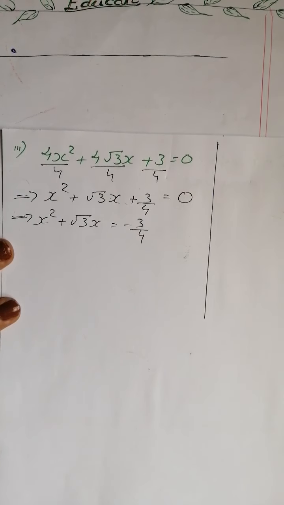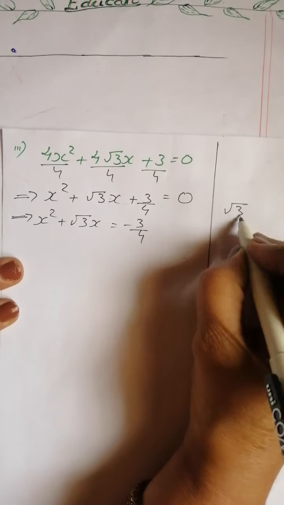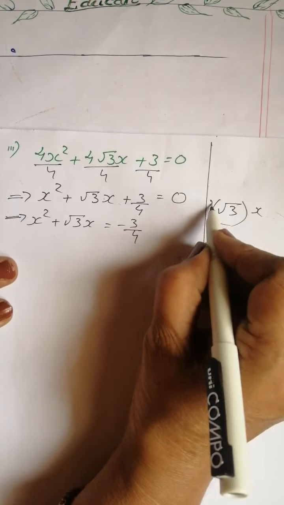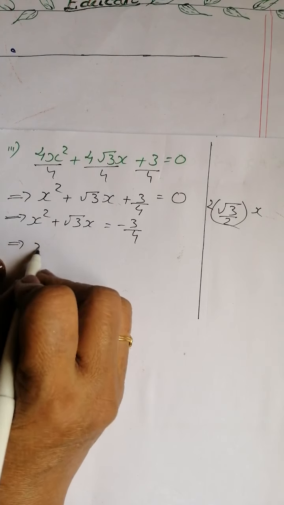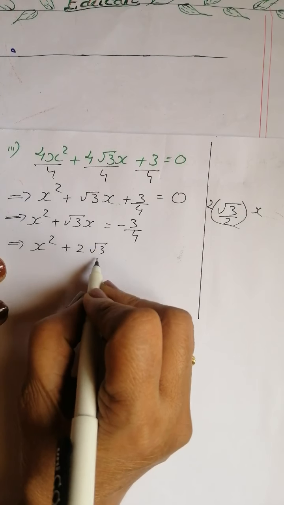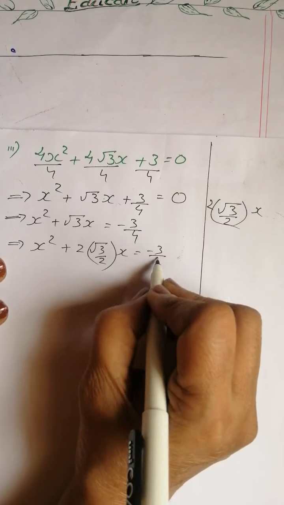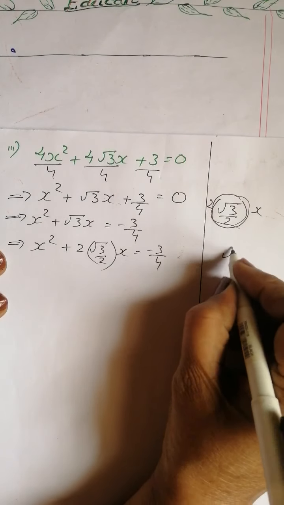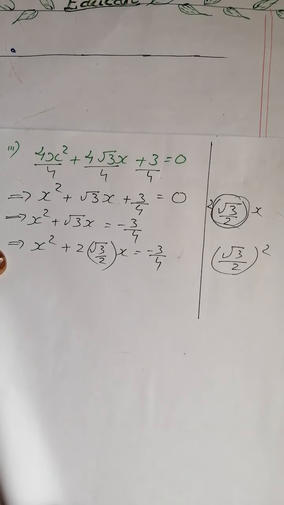Okay, done. Now take the b part. B part is root 3. Then you have to multiply and divide by 2. X square plus 2 root 3 by 2 into x equal to minus 3 by 4. Now we want only this part, so this part we have to square it and give it to LHS and RHS.